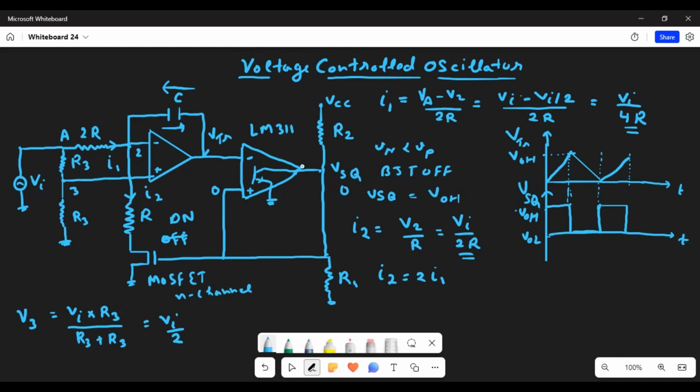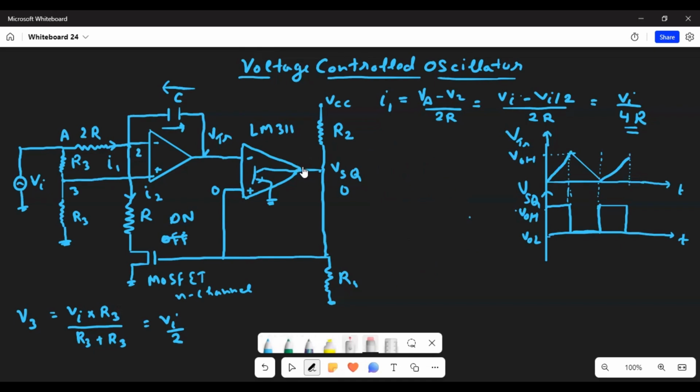In this way, we will generate a triangular wave at VTR, and VSQ will be a square wave shifting between two levels, VOH and VOL, and the upper level of the triangular wave will also be VOH, and the lower value will be VOL.